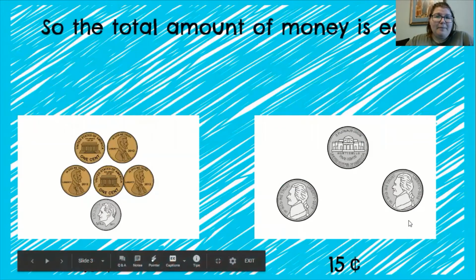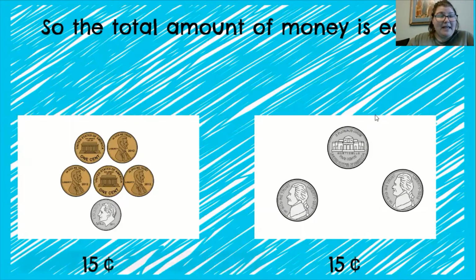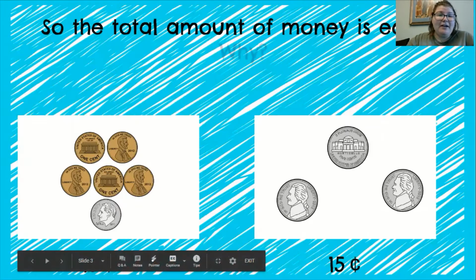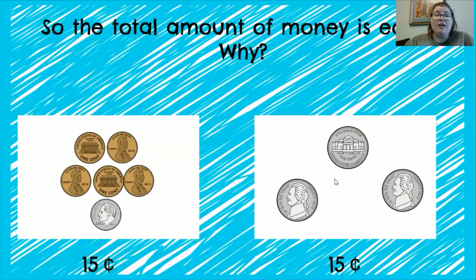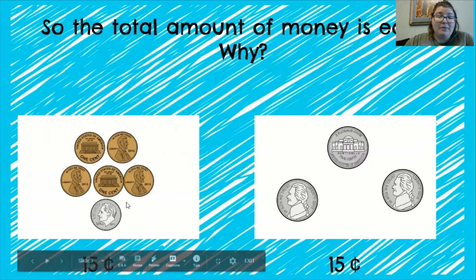So the total amount of money on each mat is the same, right? Thumbs up. We see that because both have 15 cents. But why is that? When I look at this mat, I see 1, 2, 3, 4, 5, 6 coins, and I only see 3 coins here. So how can this many more coins be the same amount as these 3 coins?